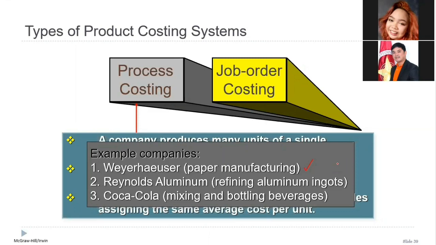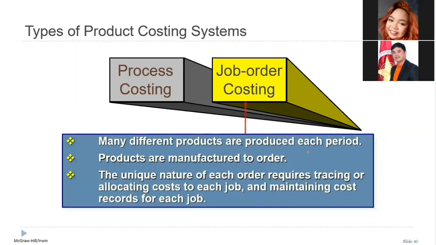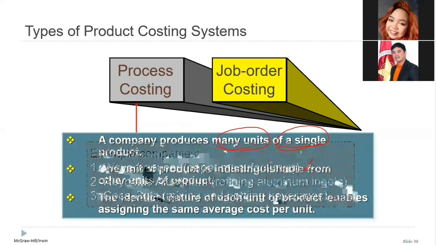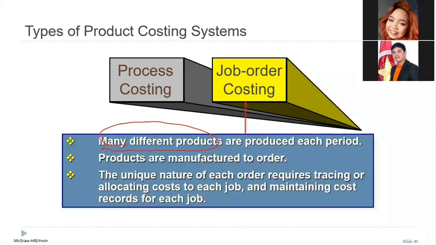Okay? So, sa job order costing system naman, a company would use this costing system when many different products are produced each period. So yun yung difference niya. Kanina, ano sabi natin kanina kay process costing, many units of a single product. Kay job order, many different products are produced each period. Okay? These products are usually manufactured to customers' specification and are unique in nature.